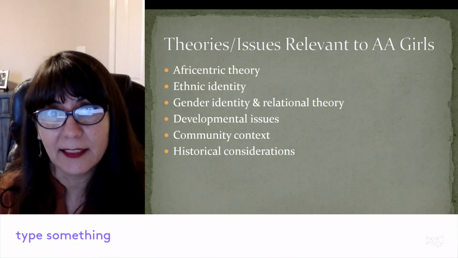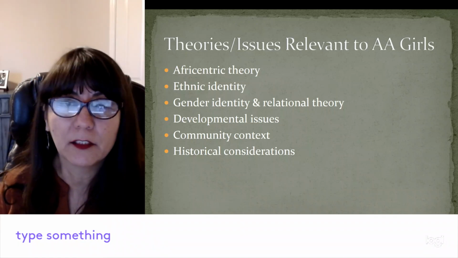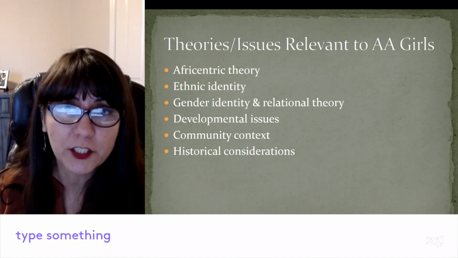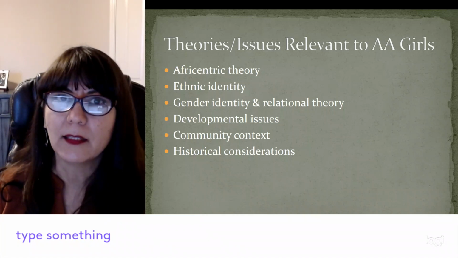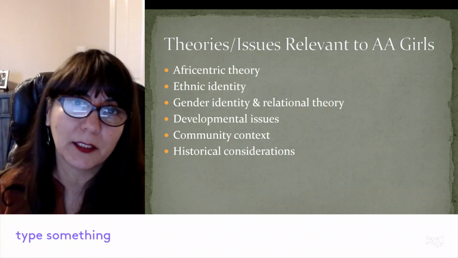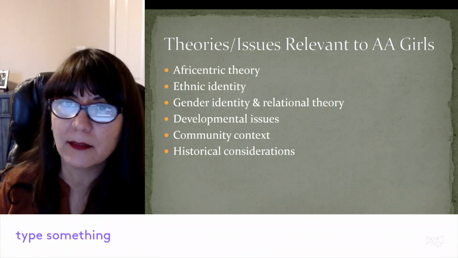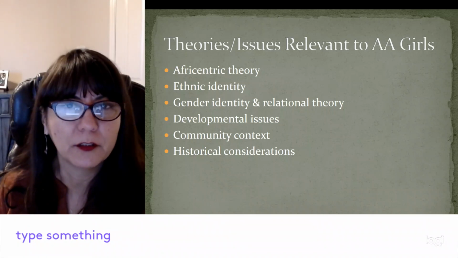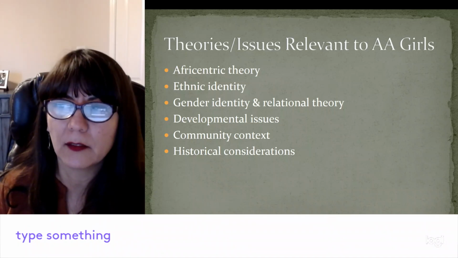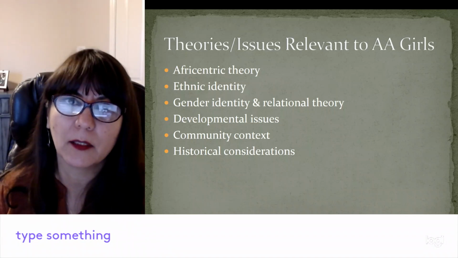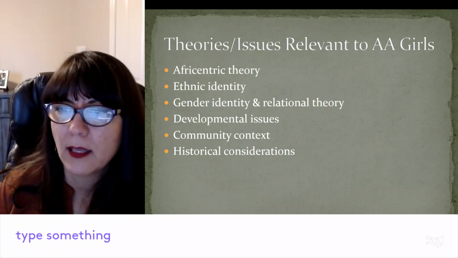Promoting ethnic identity of African American girls so that they can take pride in their ethnic origins. Then gender identity is also really important, as we are socialized to behave a certain way. And relational theory, which is really important, especially among African American women and girls.